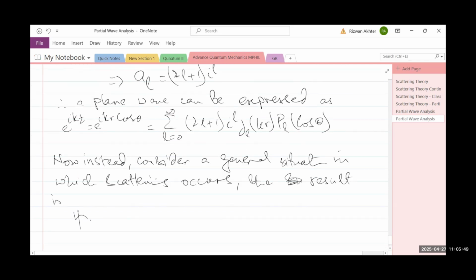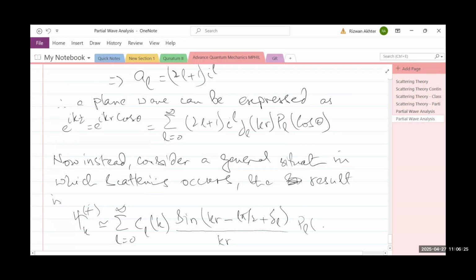if you remember, psi plus sub k, which is approximately equal to the summation over L going from 0 to infinity of some coefficient whose value we will find, C_L of k, and then we have the sine function that we just derived, kr minus L pi by 2 plus delta sub L, and since it is asymptotic, we divide it by kr times P_L of cos theta, which is the Legendre polynomial.